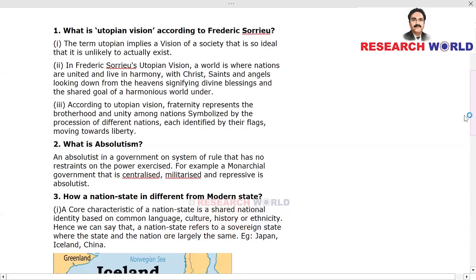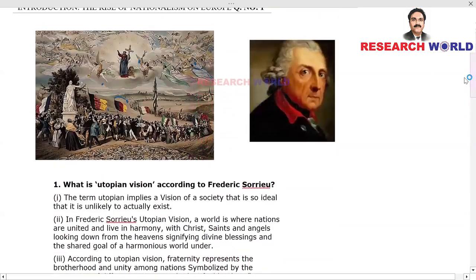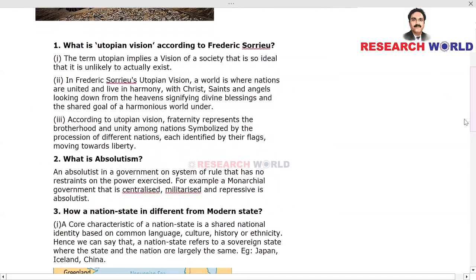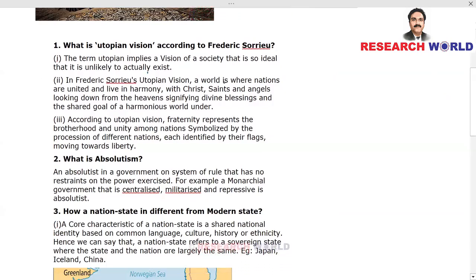First question is, what is utopian vision according to Frederick Sorrieu? We are familiar with this picture which is given in our NCERT textbook. According to Frederick Sorrieu's idea of the nation or the whole world, the term utopian implies a vision of a society that is so ideal that it is unlikely to actually exist.